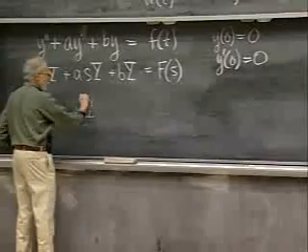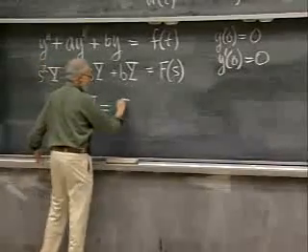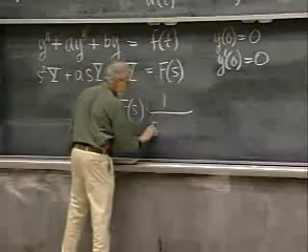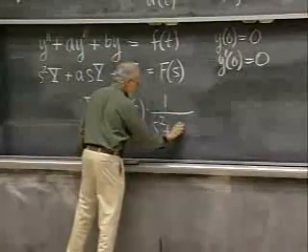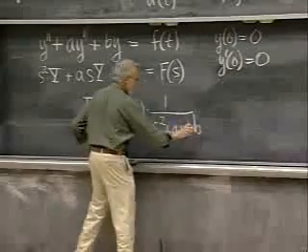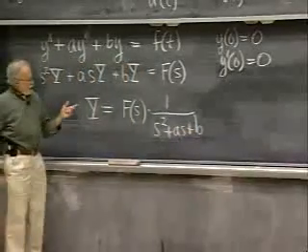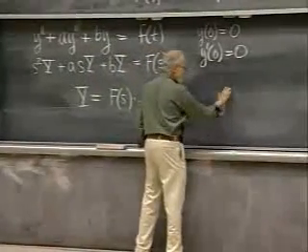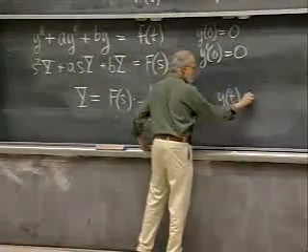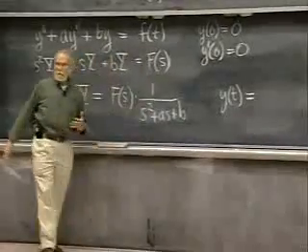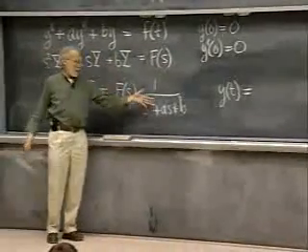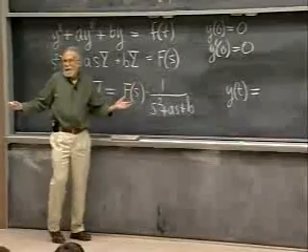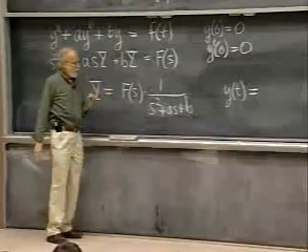You solve for Y. Well, Y is F of s times 1 over s squared plus as plus b. Now, what is that? The next step now is to figure out what the answer of the problem is. What's the y of t? Well, you do that by taking the inverse Laplace transform, but because these are general functions, I don't have to write down any specific answer.